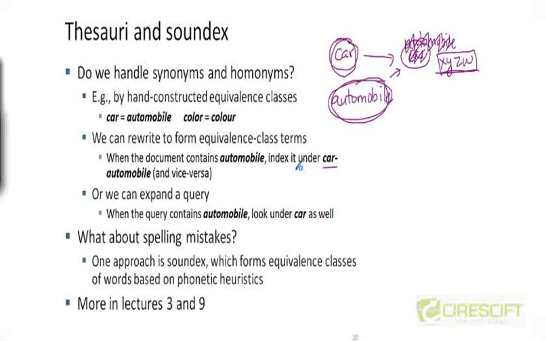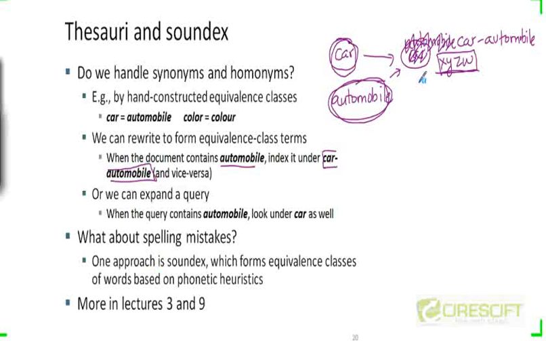So we can rewrite a particular token, say automobile, as car dash automobile, right? Another possibility is I could write this term as car dash automobile. So this is how we can handle synonyms.